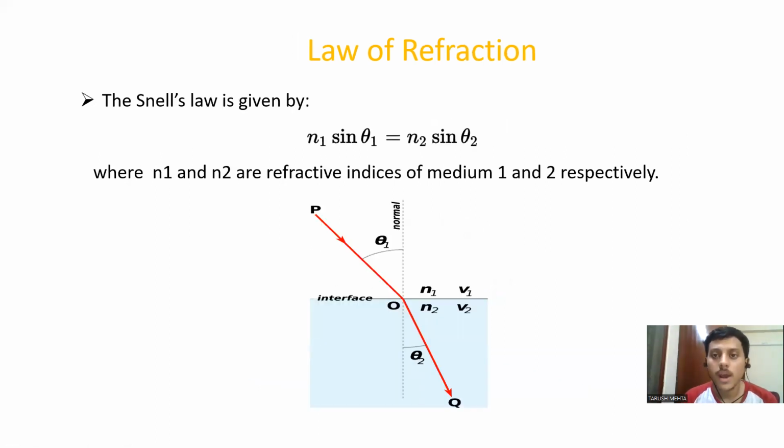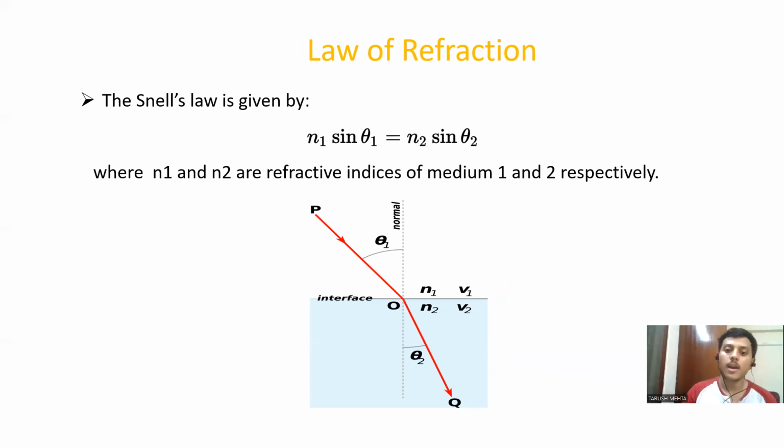Now, coming to the laws of refraction. Refraction also means transmission to another medium. Whenever light is traveling from one medium and enters into another medium, the light is observed to bend either towards the normal or away from the normal, depending upon the ratio of the refractive indices of the two media.